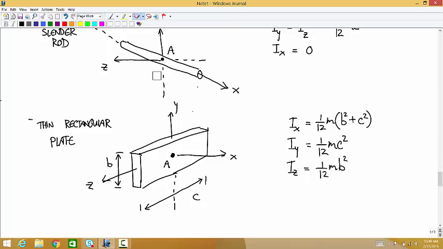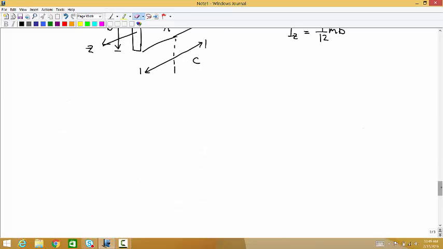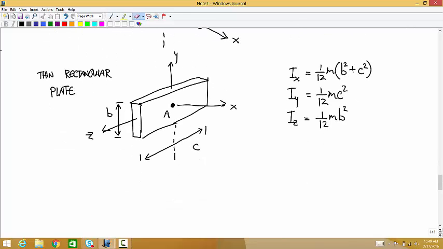So in determining which of these formulas to use, you have to think, is it rotating like, I don't know, a thrown knife? Don't throw knives.